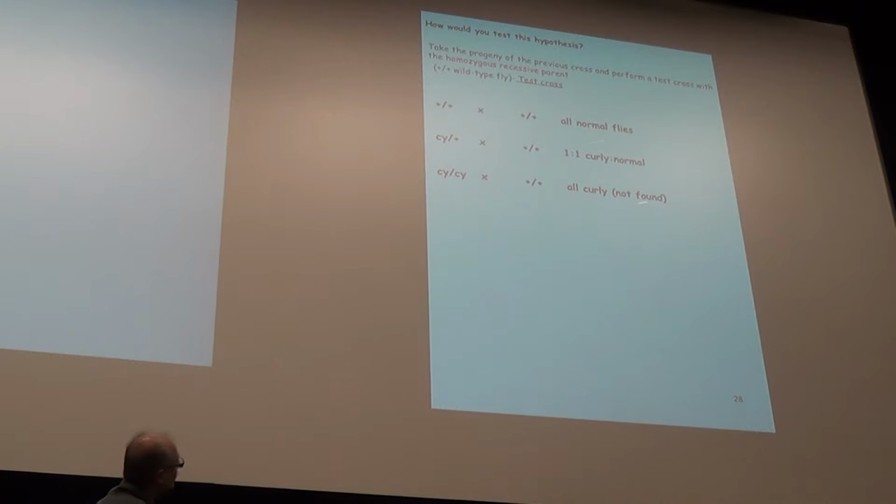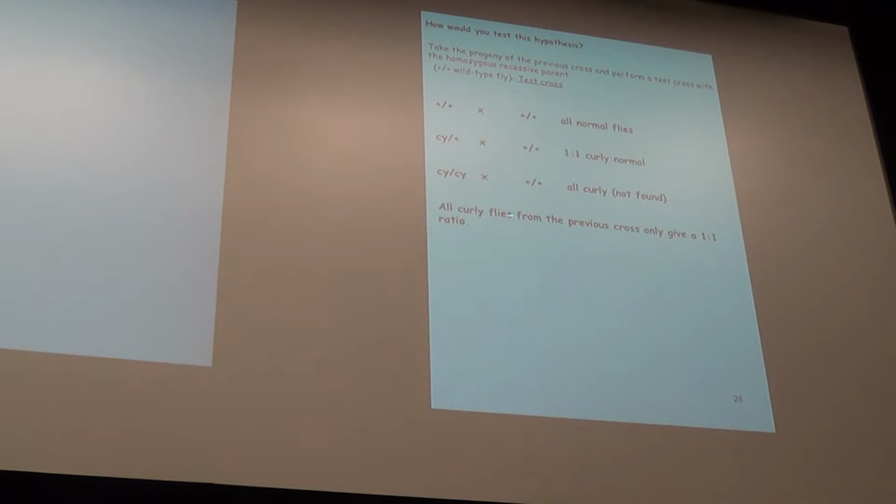But this class is never found when you do this experiment. And because this class is never found, you can say with more certainty that this class is probably lethal in the cross, and it never produces live progeny. And so that's how you would be able to show that these crosses are completely lethal.